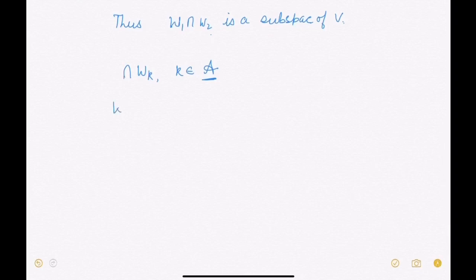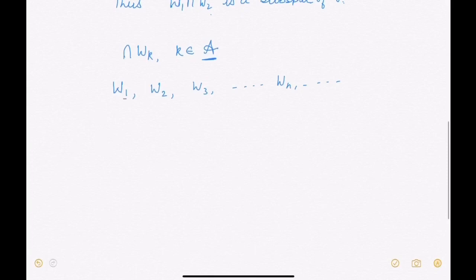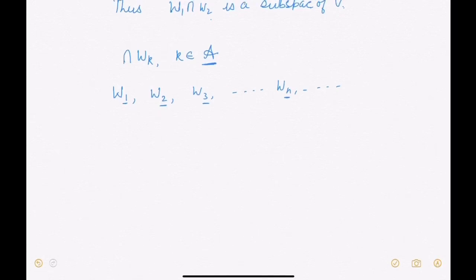Suppose we have subspaces W1, W2, W3 and Wn and many more. So we think like this: these 1, 2, 3 and n are the members of A. Suppose A is the set {1, 2, 3, n}.